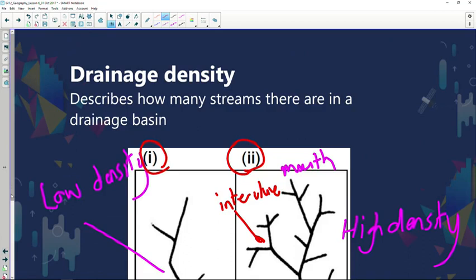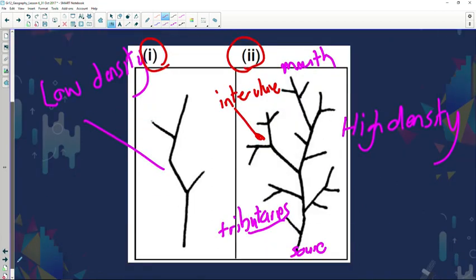Let's assume Drainage Basin 2 is in KwaZulu-Natal, and let's assume Drainage Basin 1 is in Northern Cape Province. More rainfall in KwaZulu-Natal than in Northern Cape Province. More tributaries will be visible, more water. There will be more surface runoff and even more infiltration.